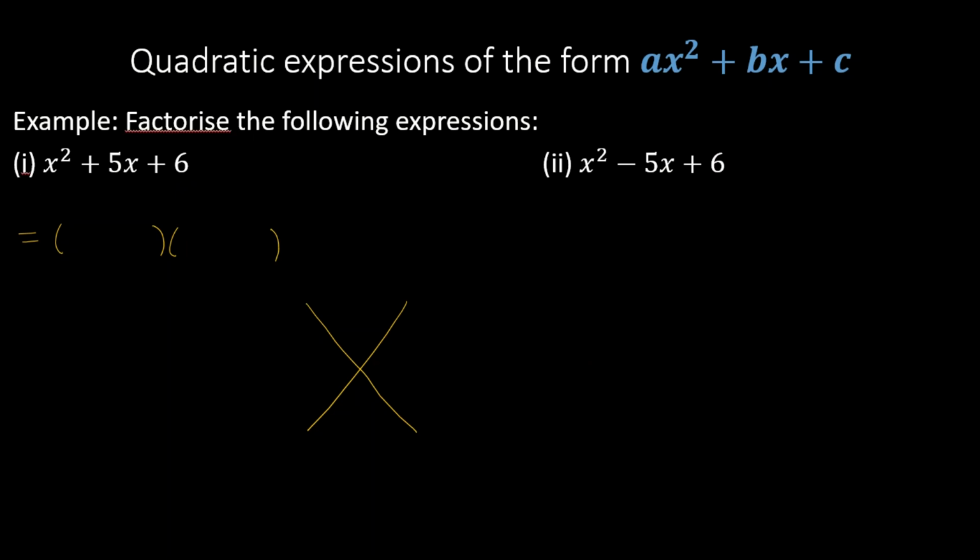Let us consider the leading term, or simply the first term, which is x squared. What is the coefficient of x squared? It is 1. The coefficient of x squared is 1. Now we consider the last term, which is positive 6, right?